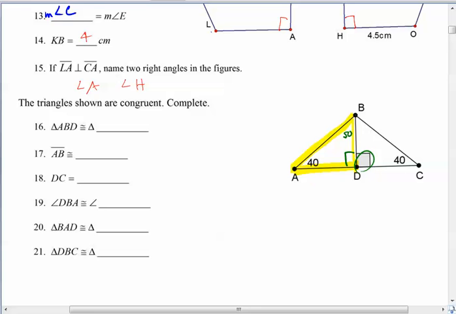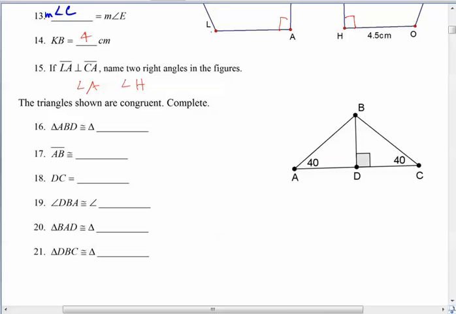Or I know the triangle sums to 180, so I could have subtracted 90 and 40 from 180. Either way, I get 50 degrees. I'm sorry, I went a little bit off on a tangent there. We didn't actually need to know that information yet. All I needed to do is name the congruent triangle.